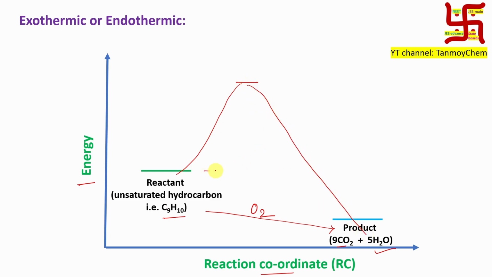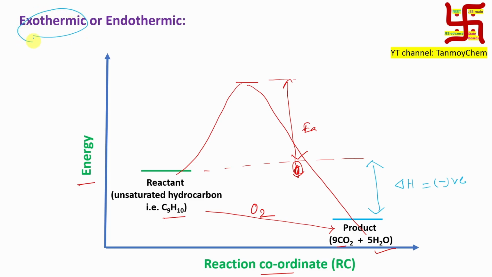So this is the energy of activation, EA, up to this point. Now how much heat or energy is released, you can understand from here. This is the delta H value. Here the product has less energy compared to the reactant, so delta H, that is delta H product minus delta H reactant, is a negative value, meaning the reaction is exothermic in nature.